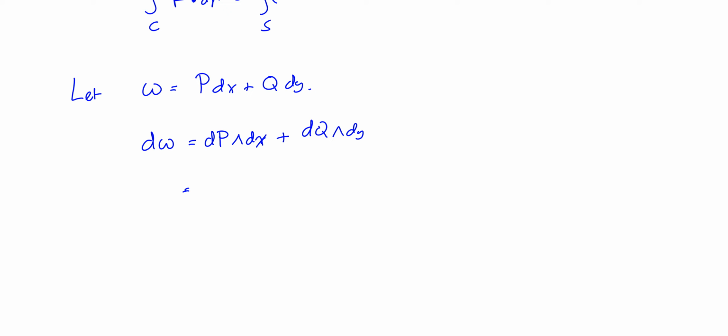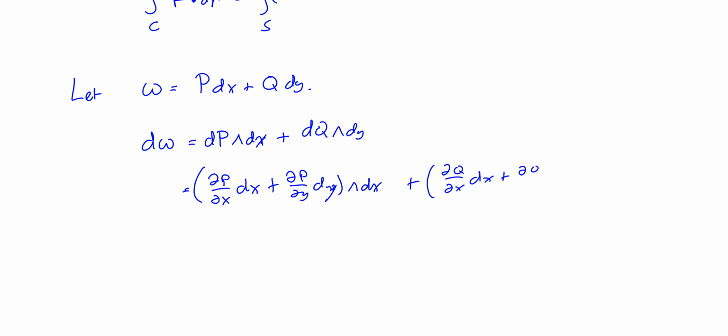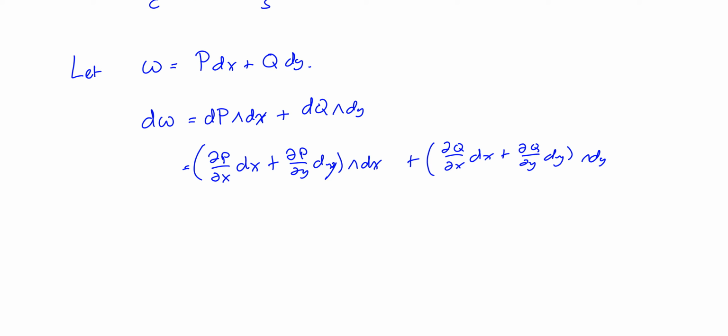And if we write out what this is, partial P partial x dx plus partial P partial y dy, that's the dP, and then we wedge that with dx. And then we have partial Q partial x dx plus partial Q partial y dy, all wedged with dy.